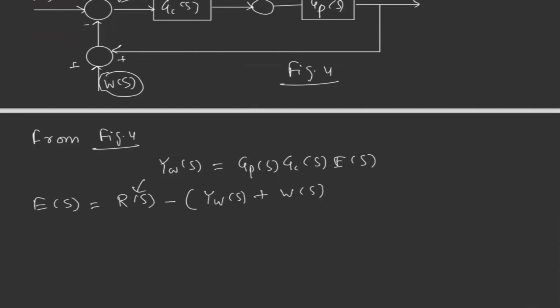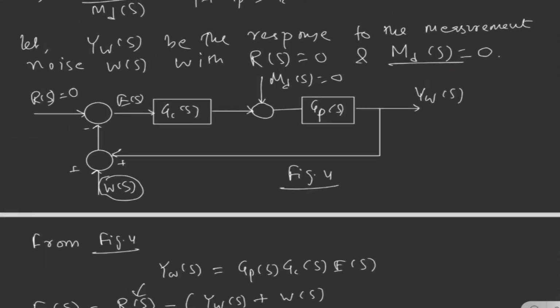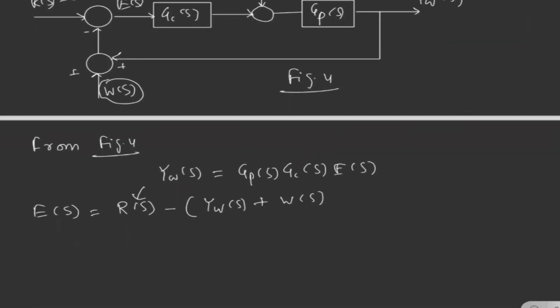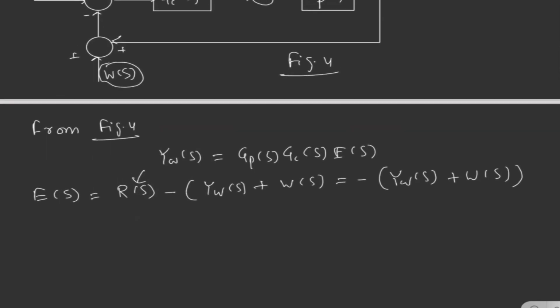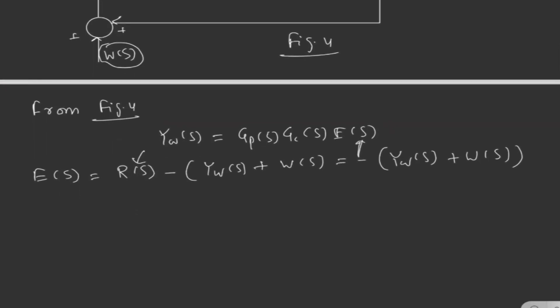But here we already assume that R is 0. So we can write the error is basically minus Y_W(S) plus W(S).